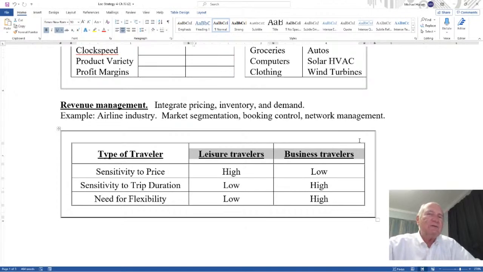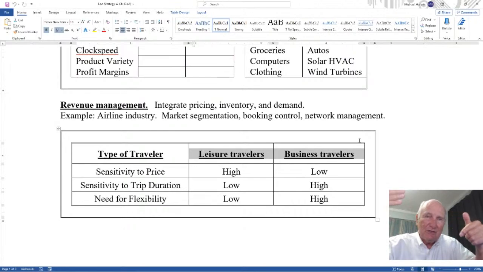But what about other types of demand? Well, on the internet, you can identify the buying pattern, create profiles of different customers, and classify them as either a business traveler or a leisure traveler, or leisure looking for sales, business looking for service.